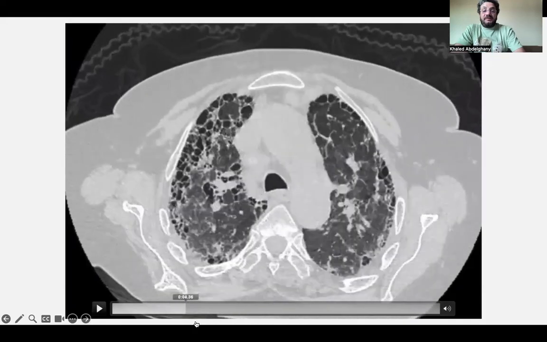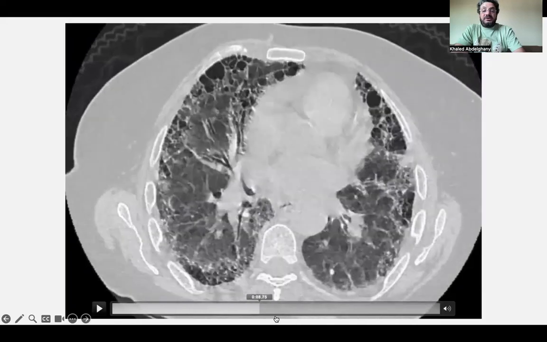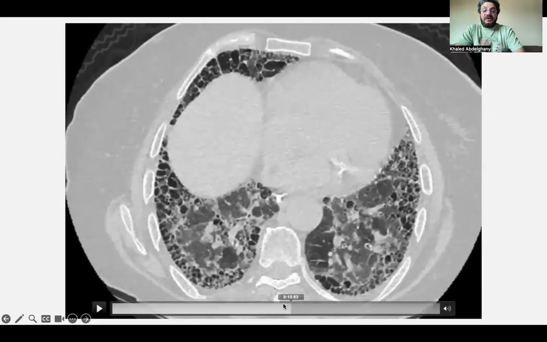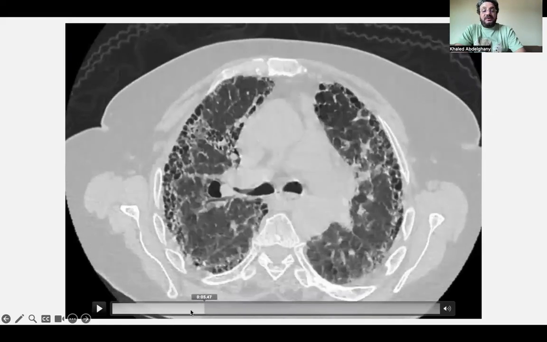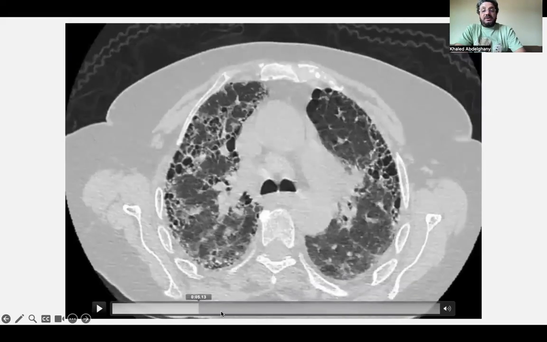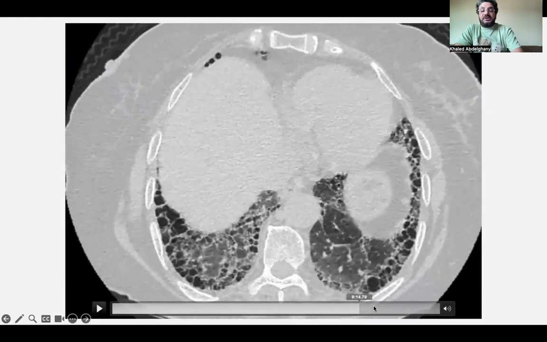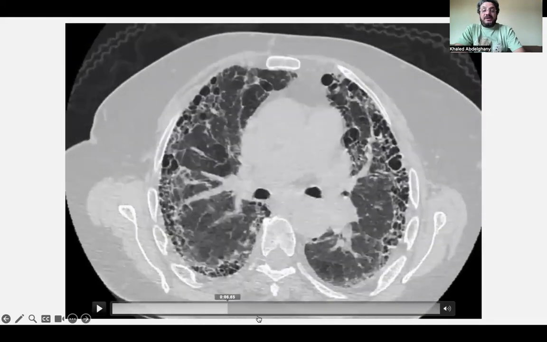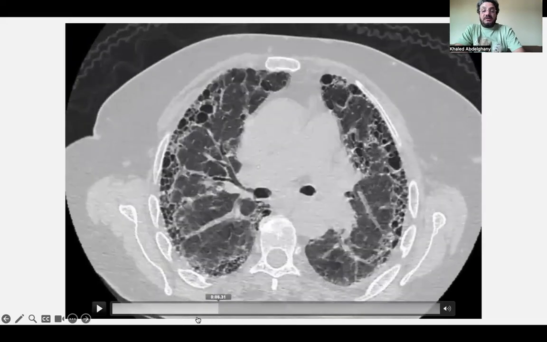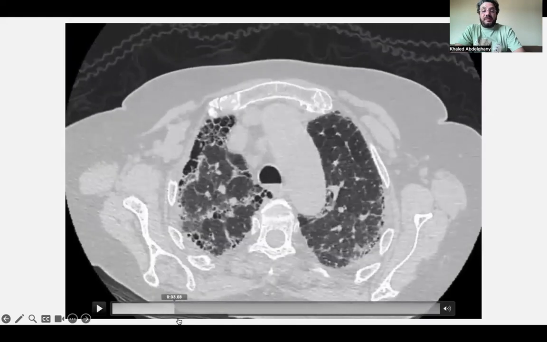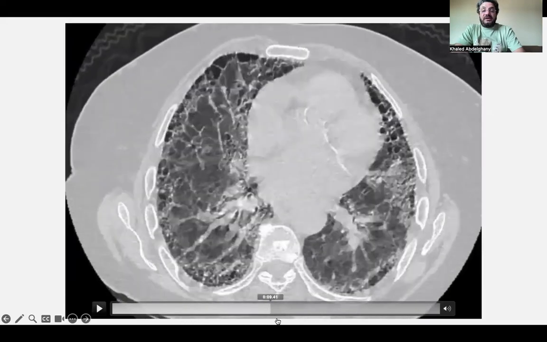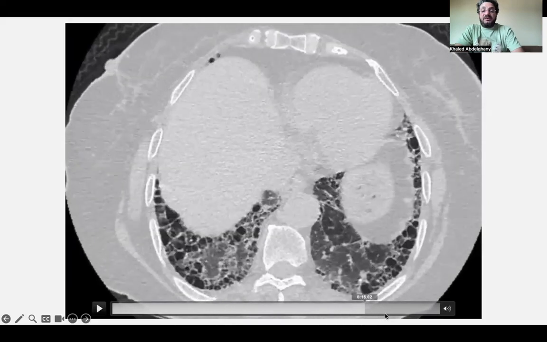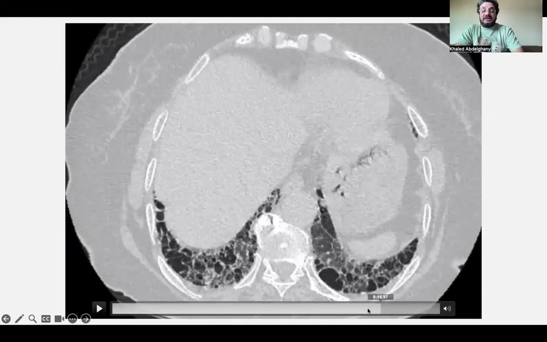Typical UIP, according to the literature and the new classification for typical, probable, indeterminate for UIP, or alternative diagnosis, which was established in 2018. Typical UIP is not for surgical biopsy, and typical UIP pattern in HRCT is enough for the diagnosis with no differential diagnosis.